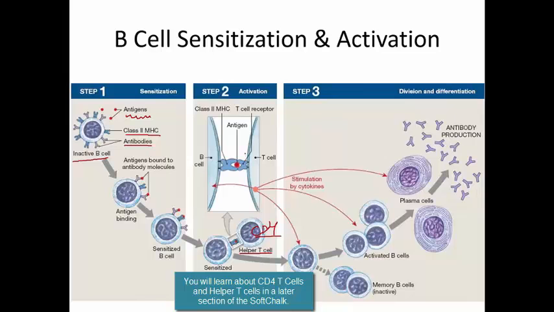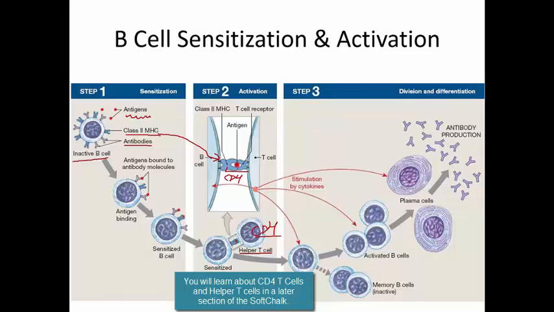The helper T cell has its T cell receptor that recognizes the antigen, along with the MHC class 2 molecule that was on the B cell. So it's the interaction between those two, and then of course you have the CD4 that's not shown here, that leads to the activation of that B cell. So the sensitized B cell becomes active.